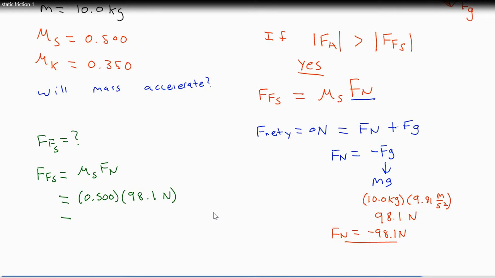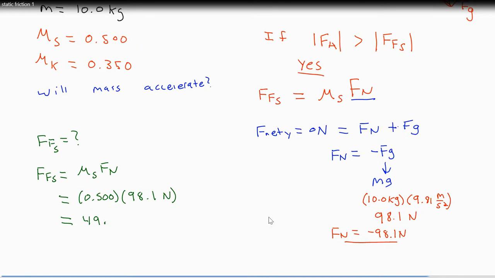It makes us think that signs are important. But this equation cannot tell us direction. The only thing it can tell us is magnitude. So I'm always just going to use positive values, and it's going to be up to me to figure out which direction friction is going to act. And we're always going to figure that out based on motion.